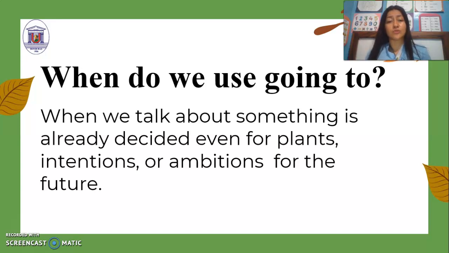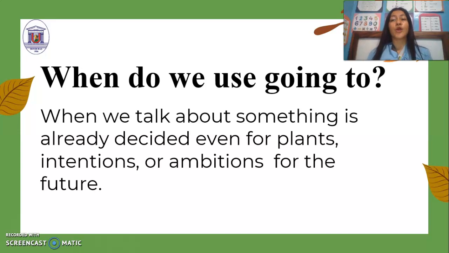Maybe you are going to do it in 5 days or in a year, but you already decided what you are going to do. Even for intentions or ambitions for the future. Everything is about the future. Plans that you are going to do.